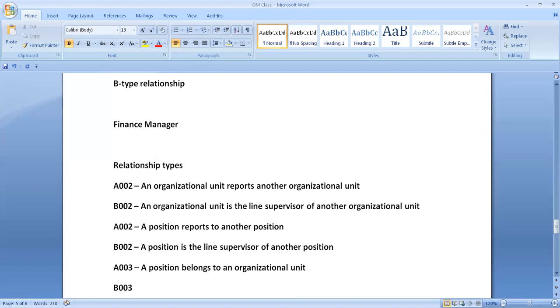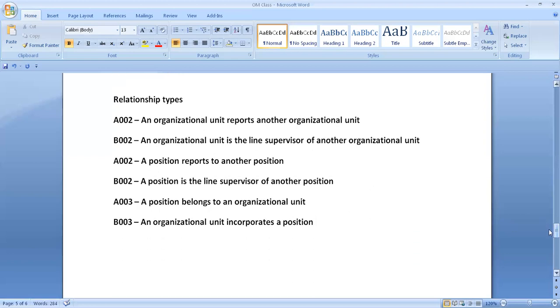And B003, you should be able to immediately understand because it's a reciprocal relationship. Meaning an organizational unit incorporates a position. I can say it in the reverse way.